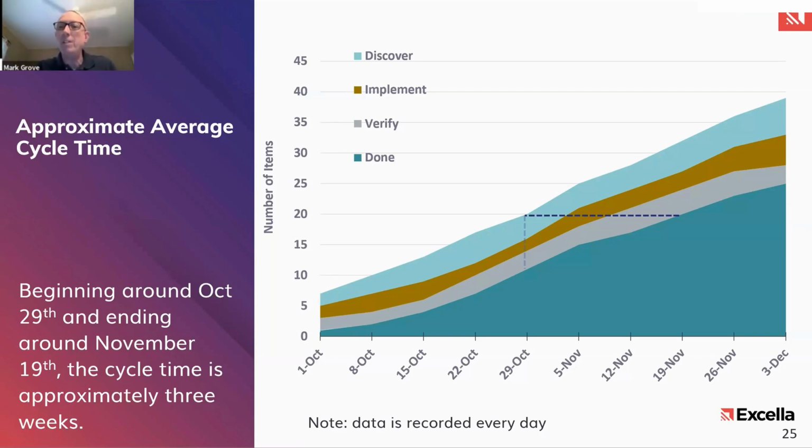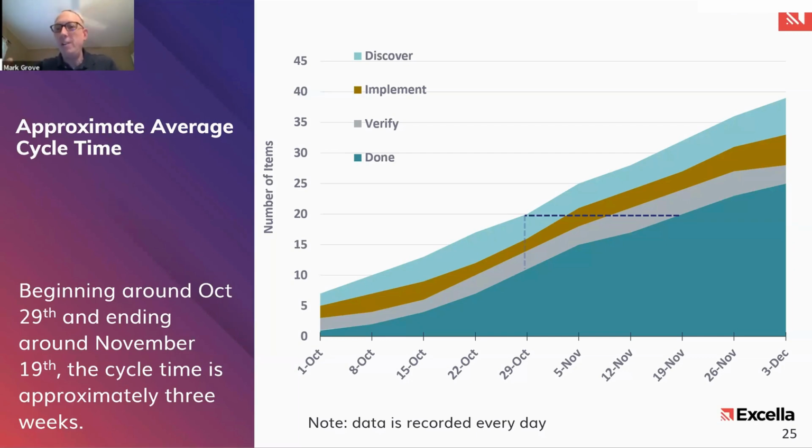And that should be pretty obvious the way I've even drawn this graph, right? It comes in right here on discover all the way to done. That is, if we look back in time and we say, for an item that is in WIP in the discover band on October 29th, on average, how long did it take before it was done?